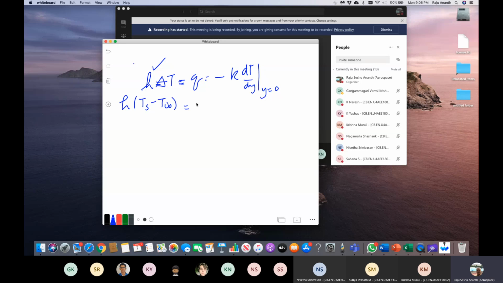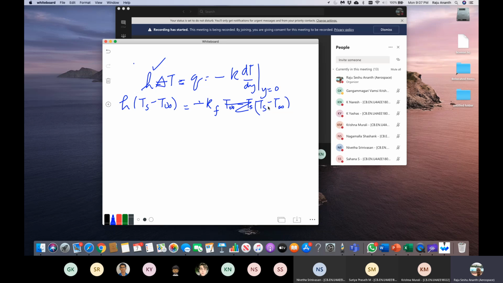Okay, so Q, so minus K of fluid. T has to be T infinity, so I'm multiplying by T infinity minus Ts, because remember, dT dy is a slope, so this has to be T infinity minus Ts.